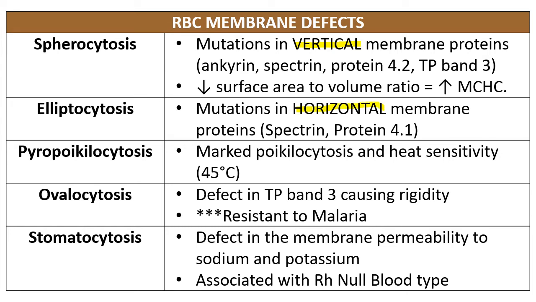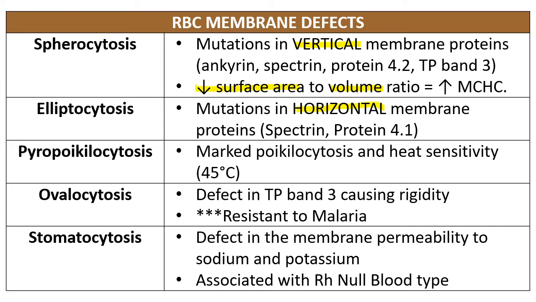Okay? So, kapag may problem in vertical membrane proteins, prone sila magkaroon ng problem with the surface area. So, nagkakaroon ng decreased surface area, no? Lumiliit yung cell, pero na-maintain yung normal volume. So, therefore, maliliit yung supposedly maliliit na cell na pupuno ng hemoglobin, okay?